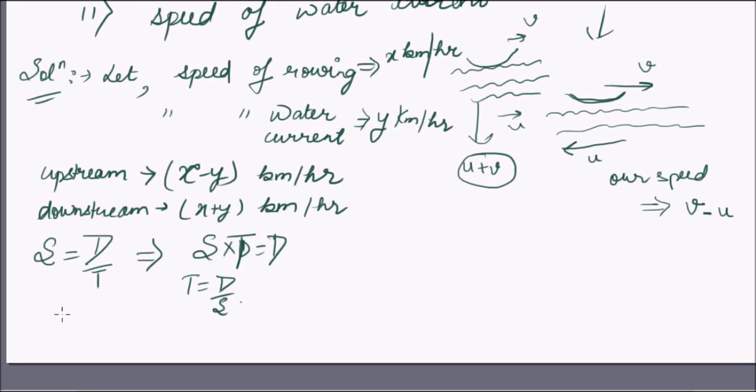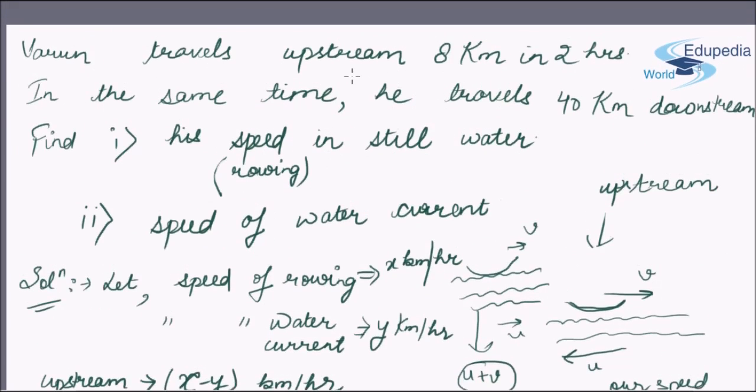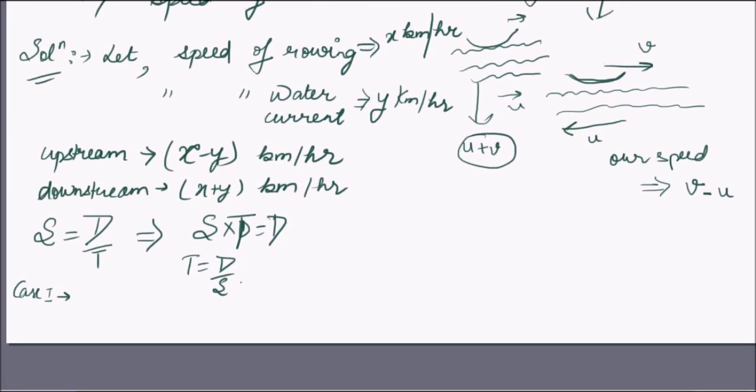So in the case first, he says 8 km upstream in 2 hours. For upstream we have speed as x minus y, that is, in 2 hours he has travelled 8 km with the speed of x minus y.